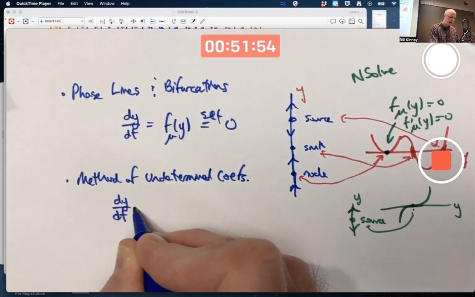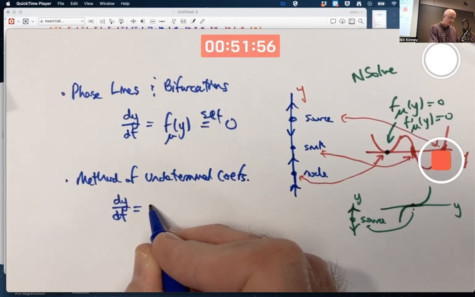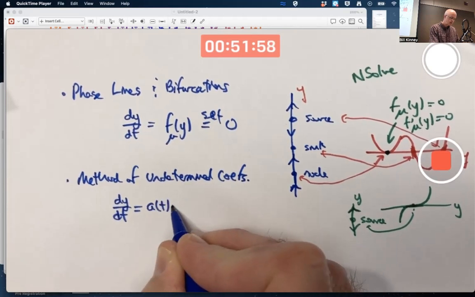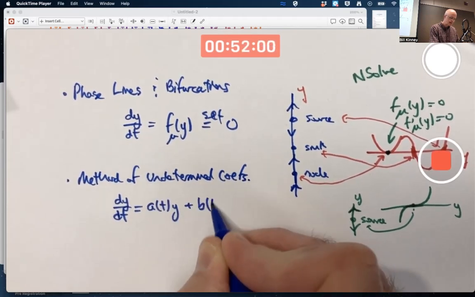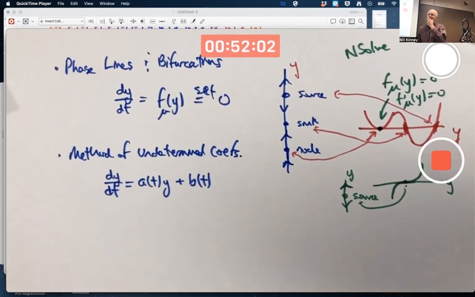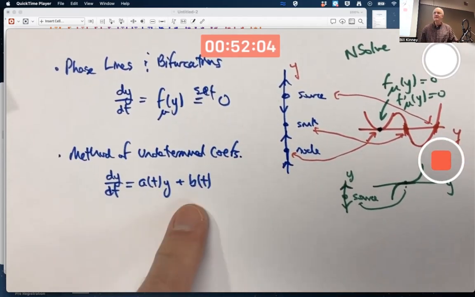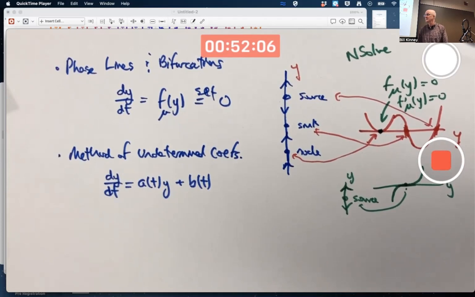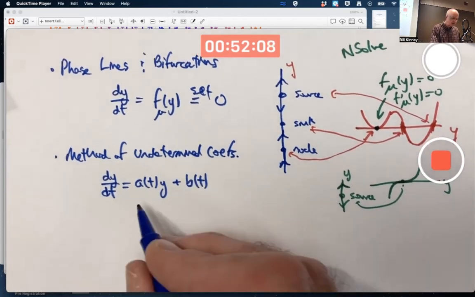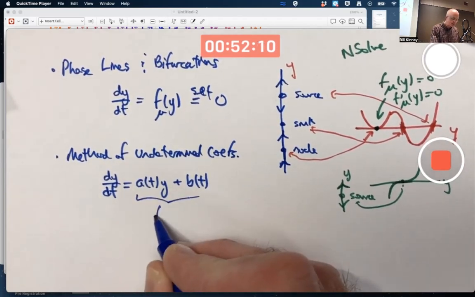A general first order linear equation is typically written like this at the start. A of t and b of t don't have to be linear functions. By a linear equation, you mean linear in y. This is your f of t, y function.